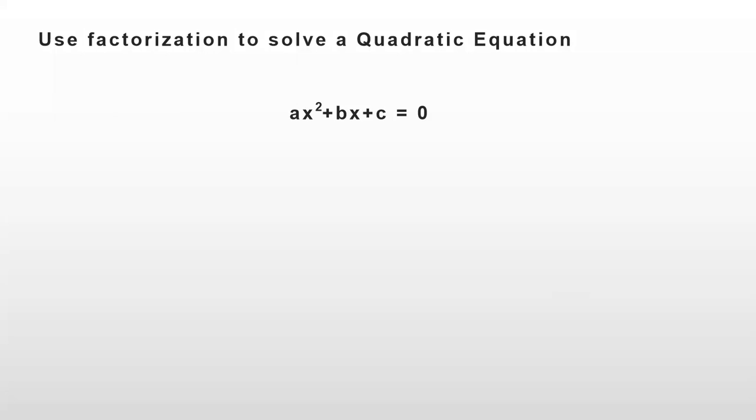And since we have this thing equals 0, if we can turn this equation into something in the form of a times b equals 0, then we'll know that either a equals 0 or b equals 0, or both.